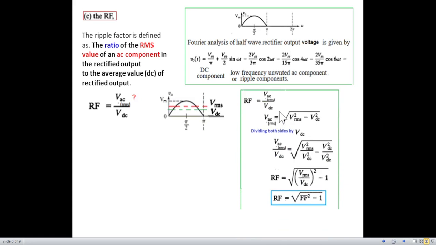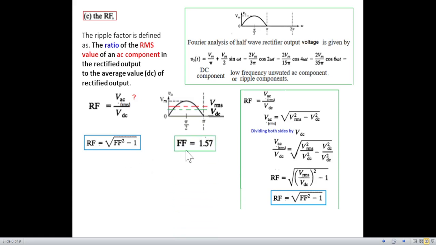And there is a formula derived in the book, that is VAC RMS is equal to under root V square RMS minus VDC square. Now dividing this by VDC and solving, we get under root of this term square minus 1. And in the previous slide, we have derived that VRMS over VDC is the form factor. So this will be the formula that we can follow.